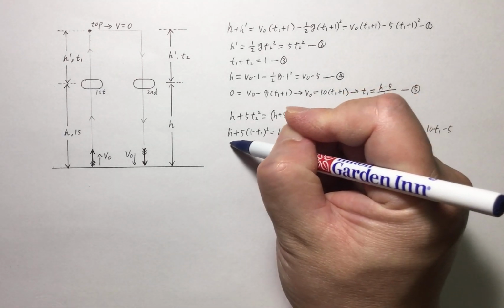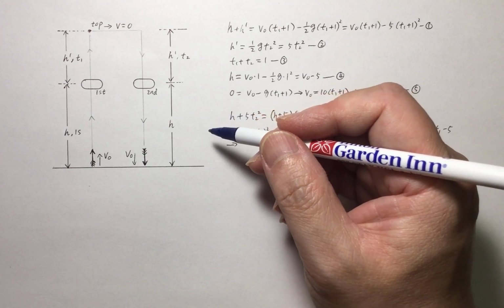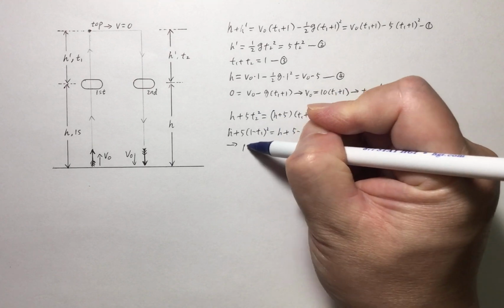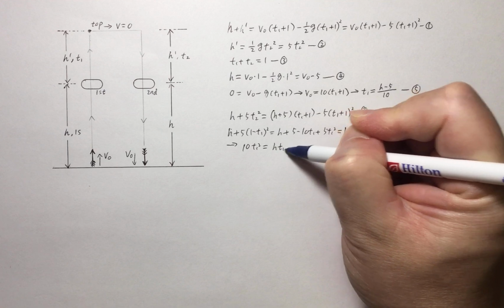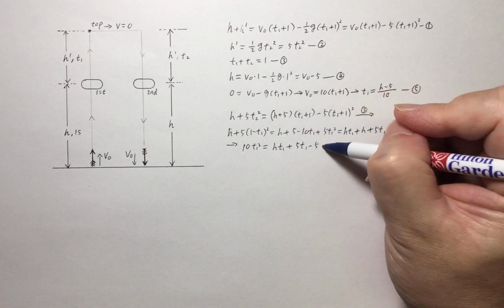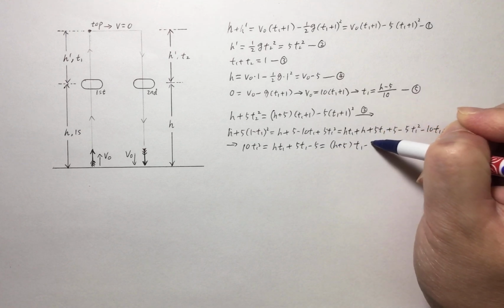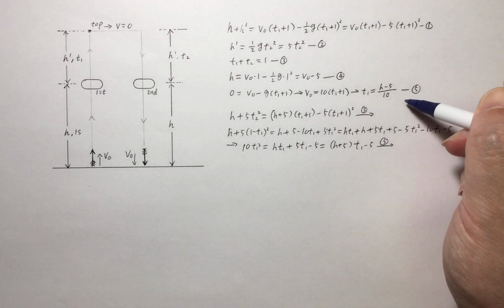That shows the result: 10 t1 squared equals h t1 plus 5 t1 minus 5, that's (h plus 5) t1 minus 5. Then we plug equation 5 here.